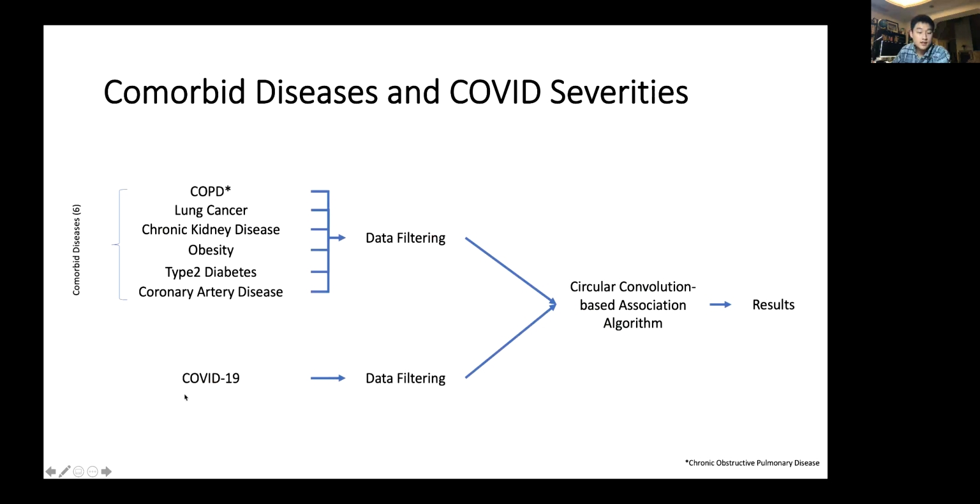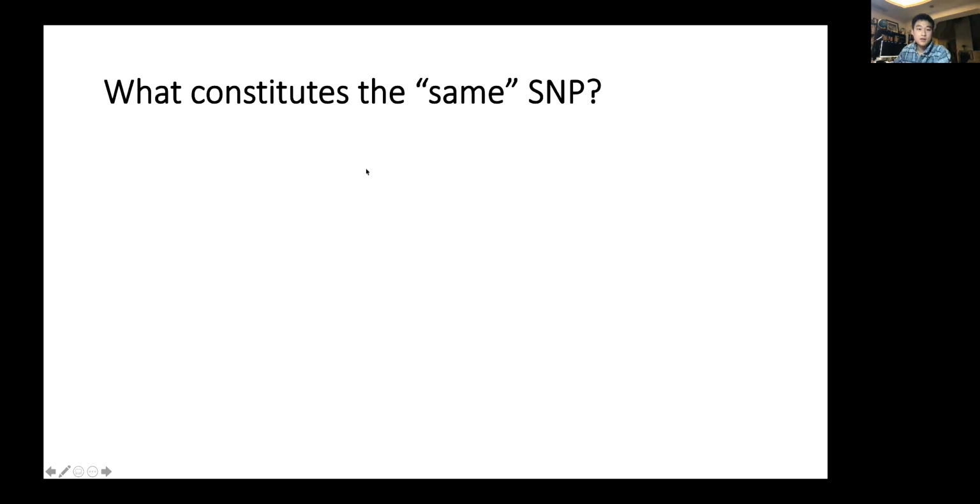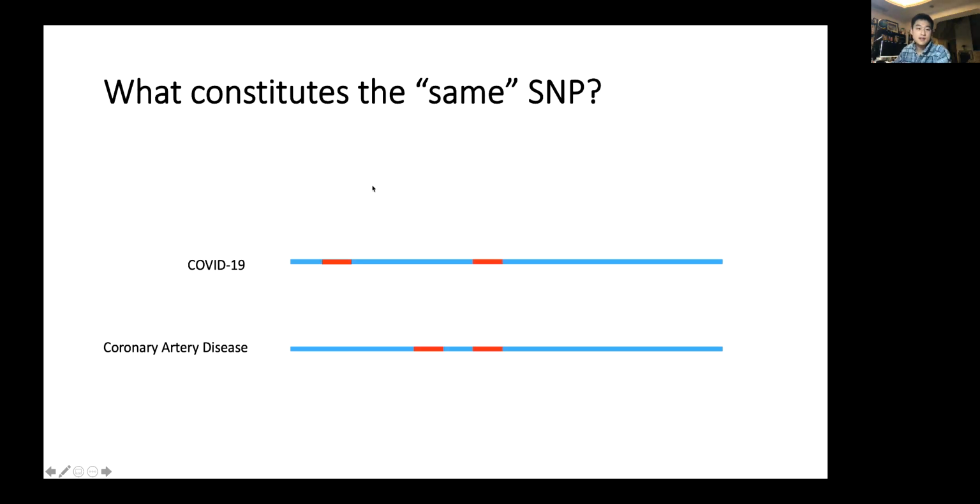I downloaded the COVID-19 GWAS study data, and I first filtered out the insignificant SNPs for all 7 of these diseases, and I used a circular convolution-based association algorithm to process COVID-19 and these 6 comorbid diseases by pairing them up with each other, and I obtained the results.